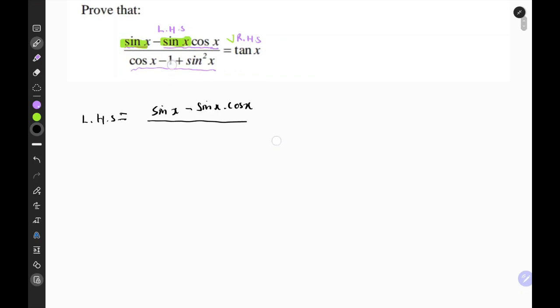So we can write the left hand side as follows. The left hand side is equal to sin of x minus sin of x cos of x all over, let's see if we can write the denominator in terms of cos of x.